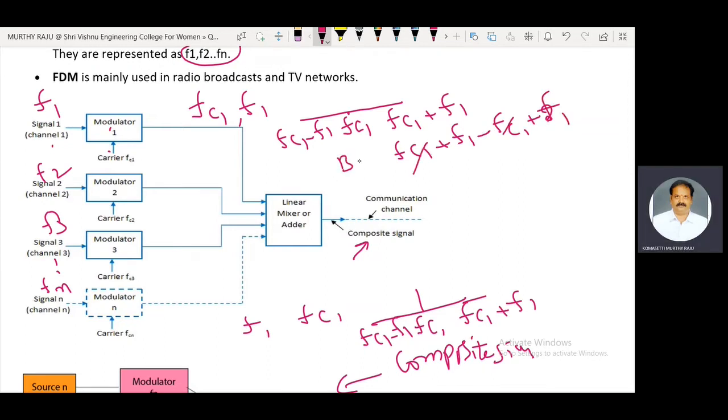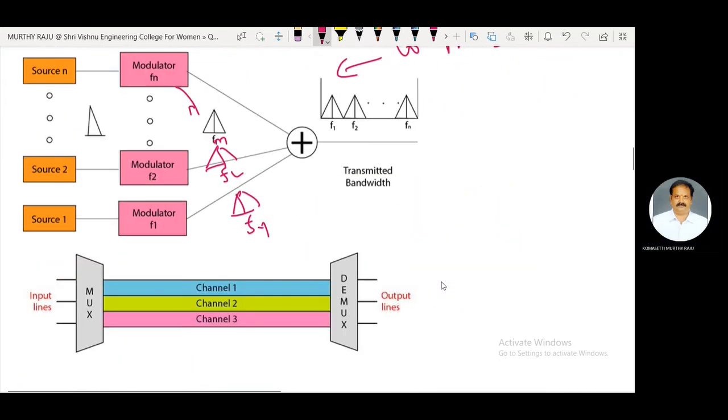FC1 cancels. Therefore, the bandwidth required to transmit signal 1 over this channel is 2F1, which is less than the bandwidth of the channel. That is the reason we go for another signal 2, 3, 4. All the signals' bandwidths are calculated, then combined and transmitted as a composite signal.